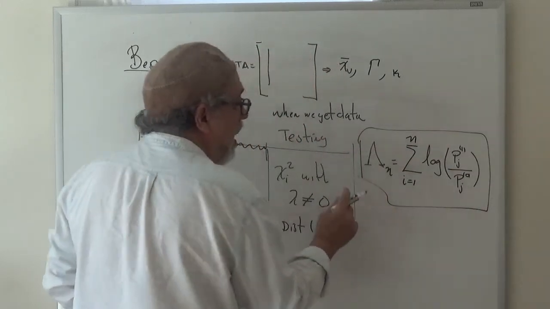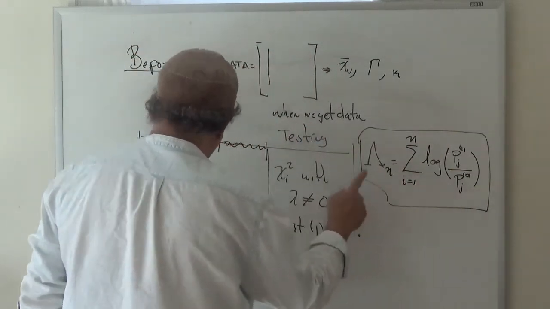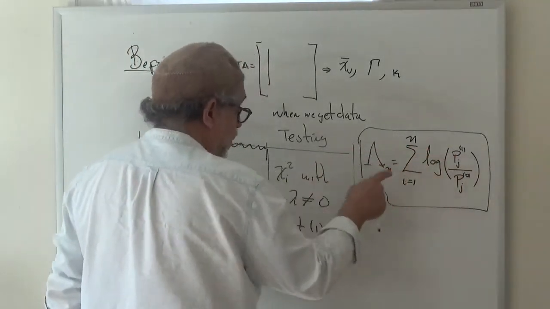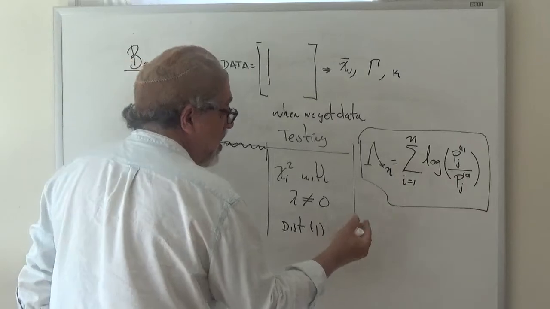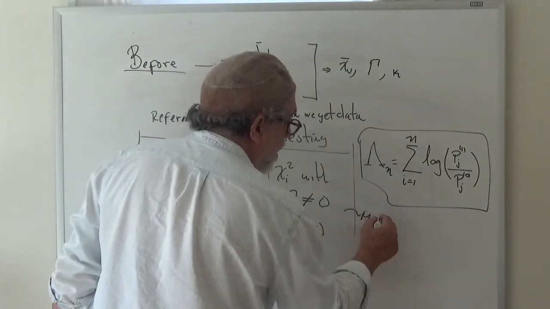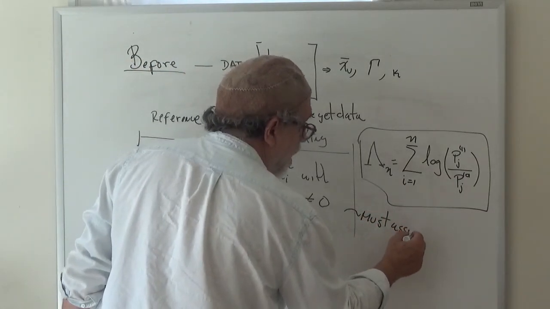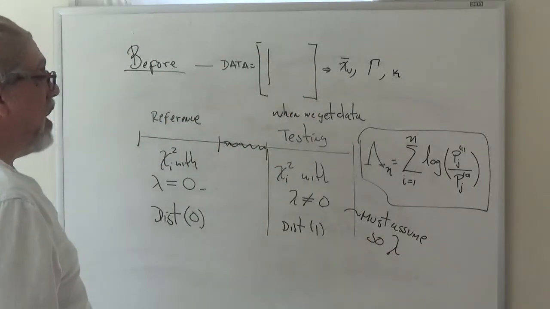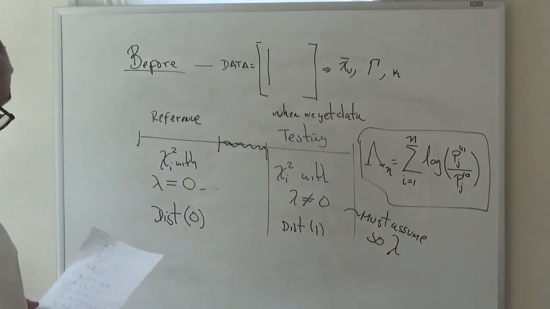So when we're talking about the distribution 0, we're talking about this one. When we're talking about the distribution 1, we're talking about this one. And we must assume some lambda, some non-centrality. Okay?